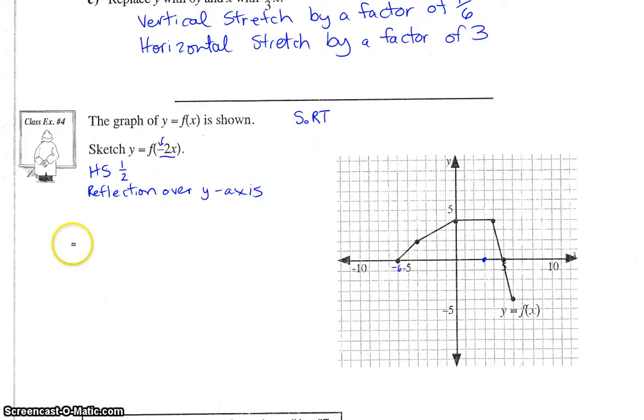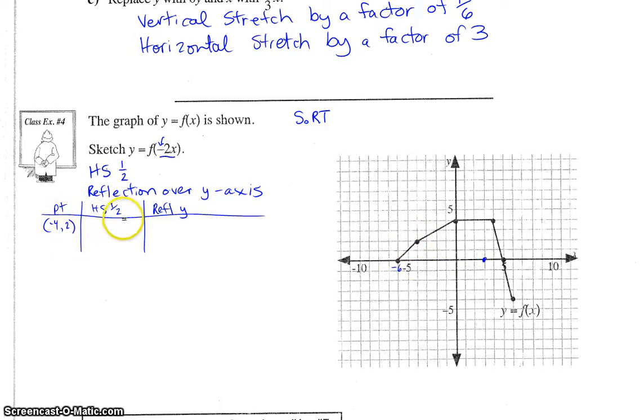Now we could also set that up in a table. Let me show you how that would work. You would have the point, the horizontal stretch by 1/2 and what the new point would be, and then a reflection over the y. For the point, we'll use this next one, -4, 2.